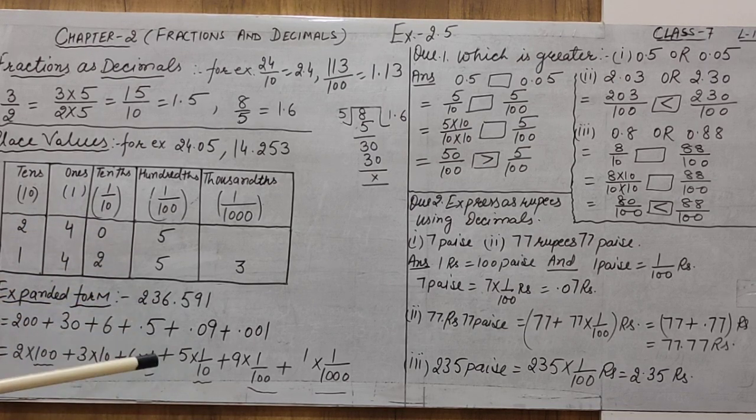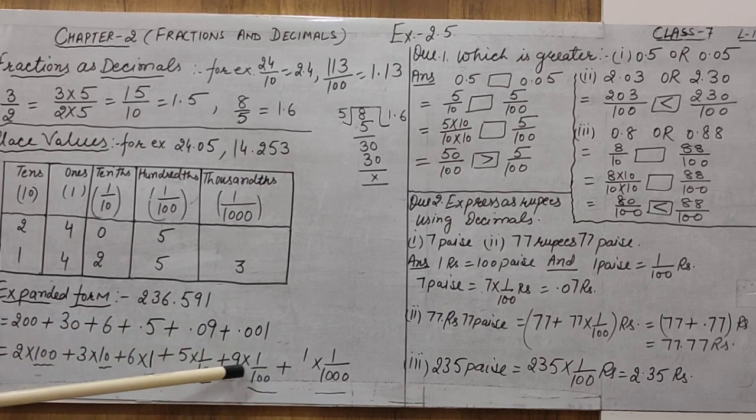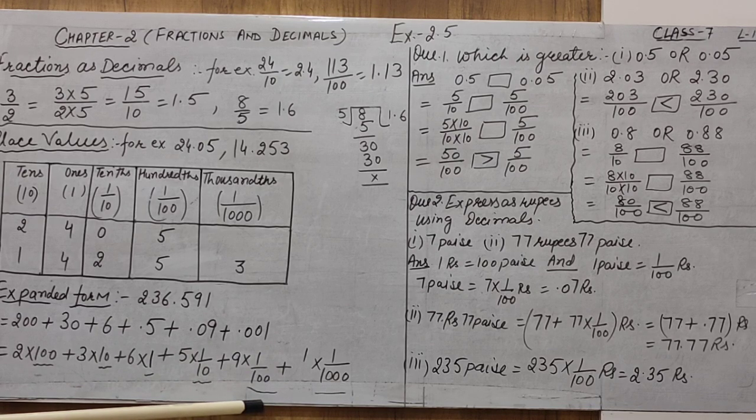We get 6. 5 is at the tenths place, so 1 upon 10 is multiplied with 5. So 5 is multiplied with 1 upon 10. As there is only one 0, we have to put the decimal before one digit. That's why 0.5 is written. Next, 9 is at the hundredths place, so 9 is multiplied with 1 upon 100.